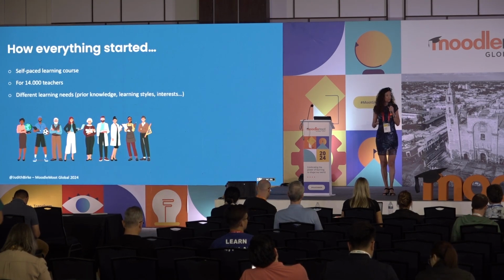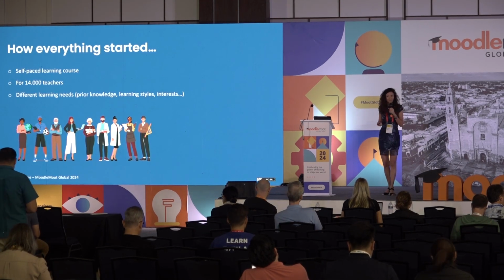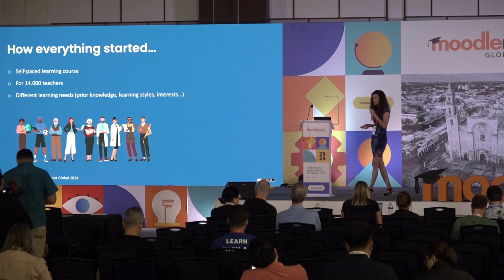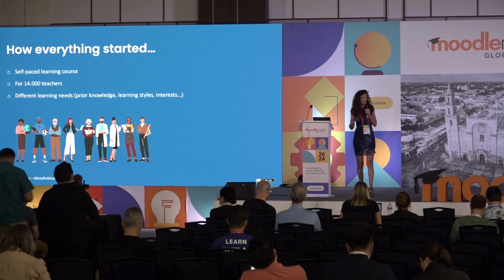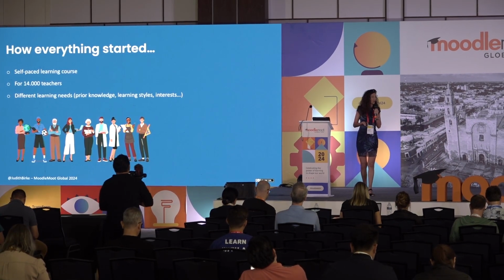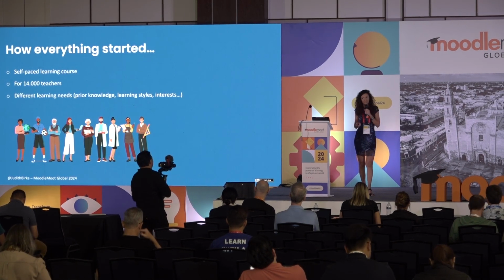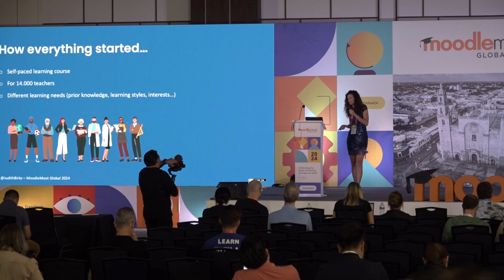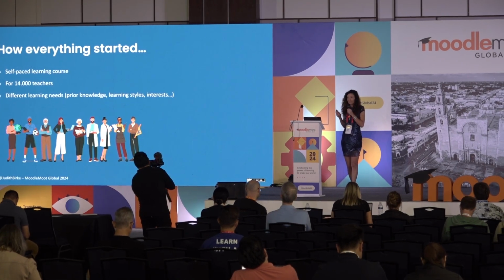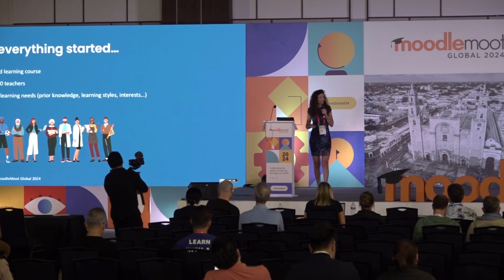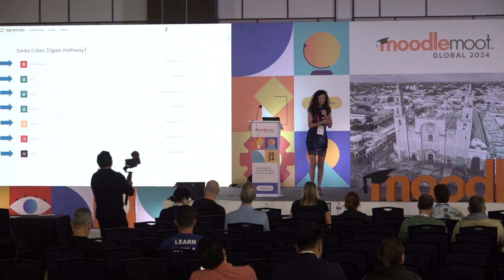And so of course I knew that they would have different learning needs. And I knew also that the needs varied a lot because of the different levels of prior knowledge of the subject matter that they had. And I could have offered them a standard course like this one here.